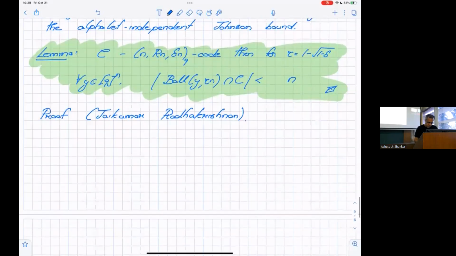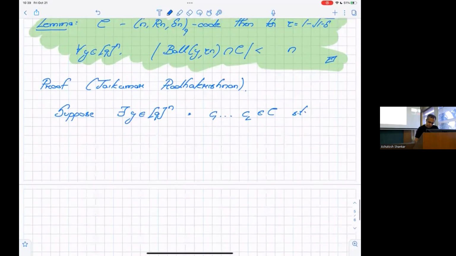Suppose there exists a y in Q to the N and code words C1, C2, up to CL in C, such that y belongs to the ball around Ci of radius tau n for all i from 1 to L. We want to show certain things happen.